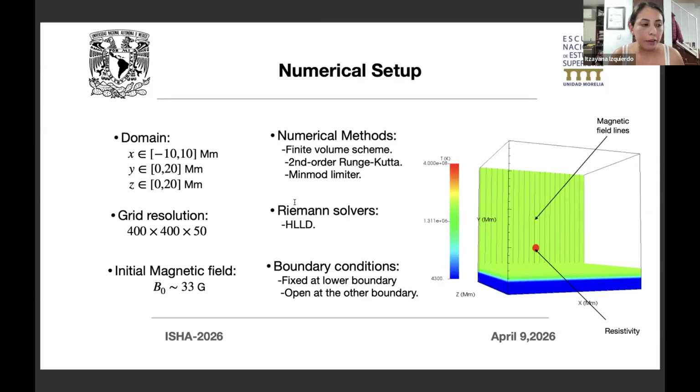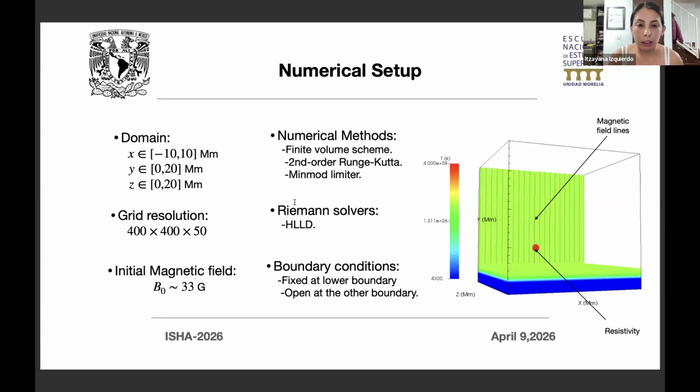The way to solve this system of equations numerically was using the PLUTO code. It is an open access code, and the numerical equations are implemented in it.